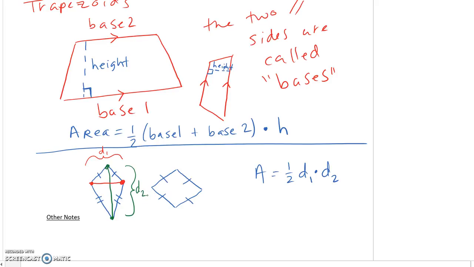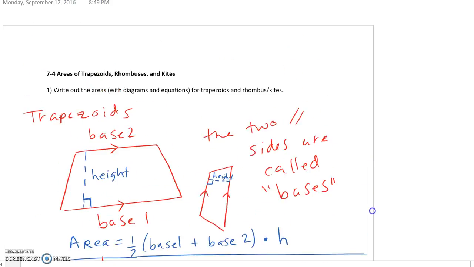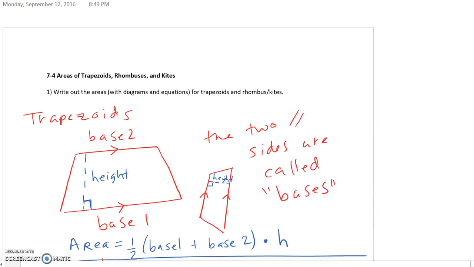It doesn't matter which one you call D1 and D2 because you're multiplying. Once again, one direction is D1, and the other direction all the way through is D2. So in this case, that's my D2 line, but it's all the way across, and this little red line I put in is D1. So those are like the bare minimum of notes that you need for 7-4.